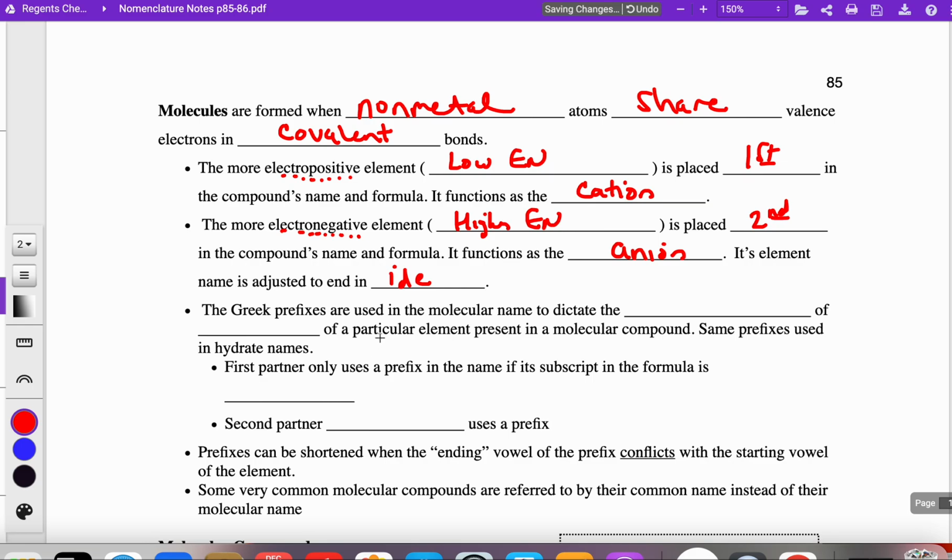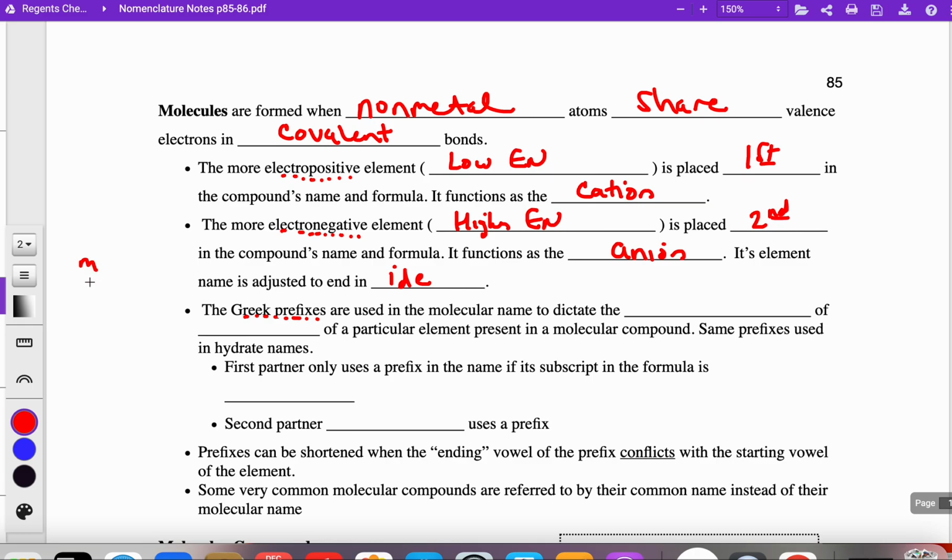Now, molecule naming and the way that we write the formulas is different than our ionic compounds. So first off, we're going to use the Greek prefixes. I'm just going to write the first letters down. You are probably familiar with most of these.